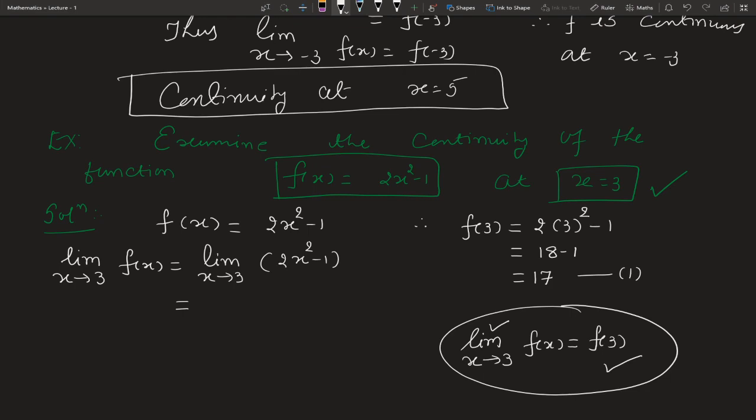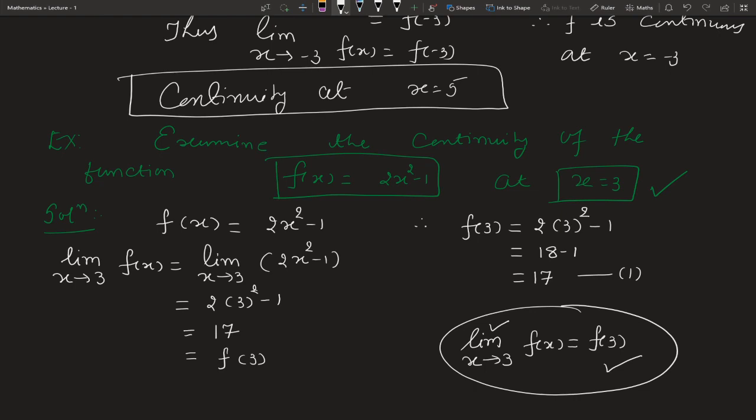Now we know how to evaluate this limit. Put x equal to 3 since x tends to 3. So 2 into 3 square minus 1, simplification as usual. This will be 17, and this is nothing but, by result 1, f of 3.